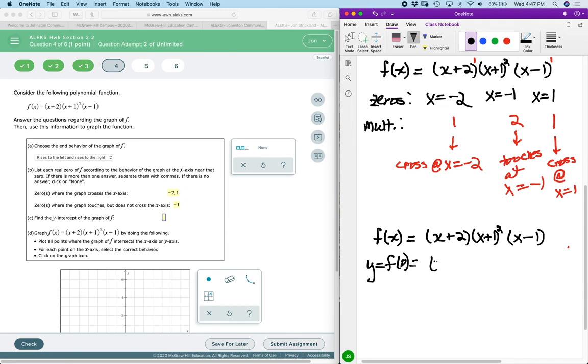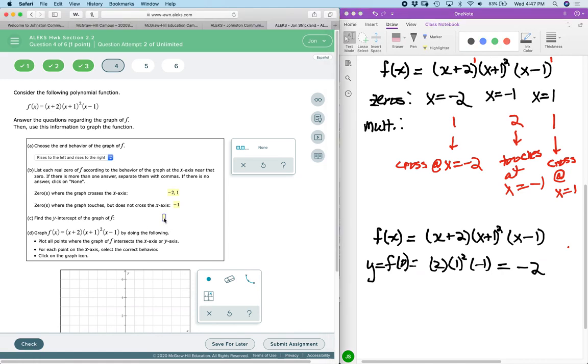So you have 2 times the square of 1 times negative 1, 2 times 1 times negative 1, so that is going to be negative 2. So the y-intercept of the graph is at negative 2.